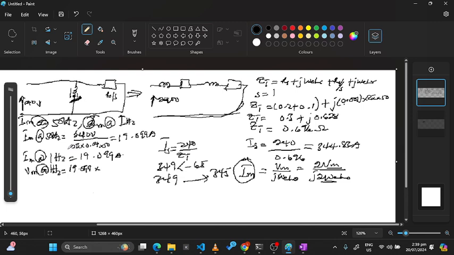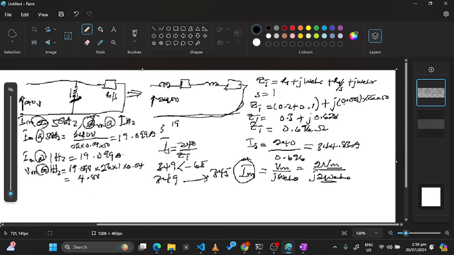So you see that VM will change. Let's find this VM at 1 hertz first. The reactance here will be 2 pi times 1 times 0.04. So what will be VM? That will be 4.8 volts. Is that okay?